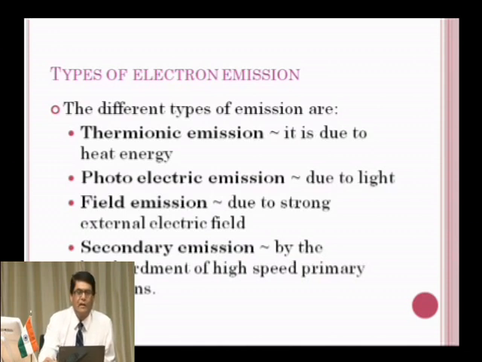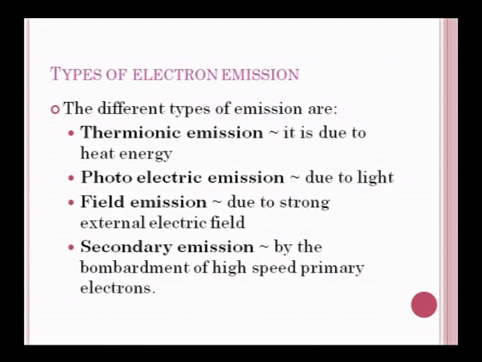Now, to remove the electrons from the metal surface, we have different types of phenomena. Basically there is thermionic emission, where heat is used as a form of energy to remove the electrons. The second phenomenon is photoelectric emission, where light is used to remove the electrons from the metal surface.